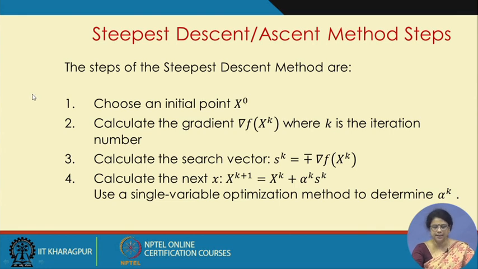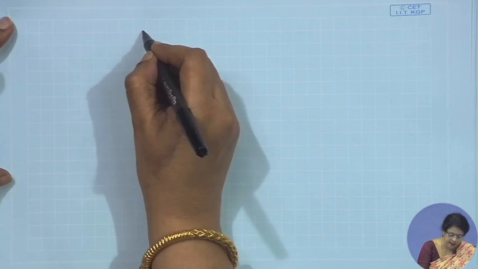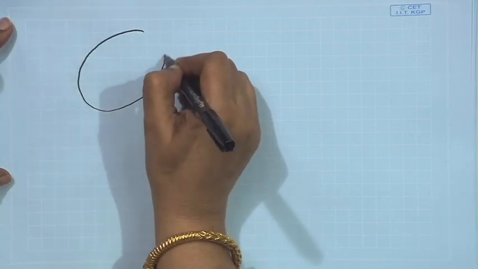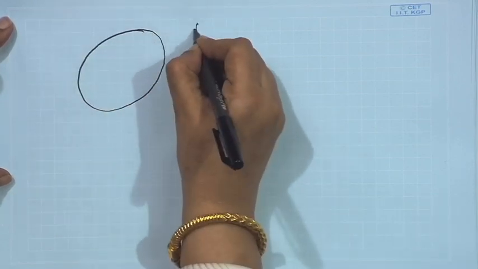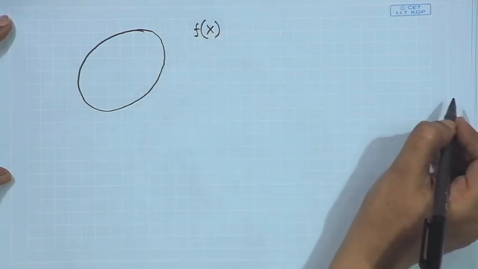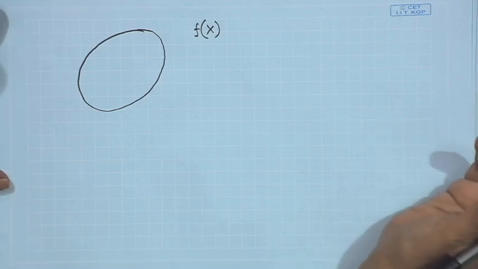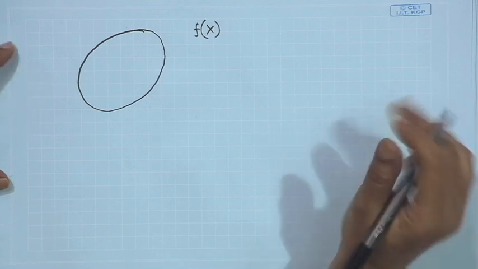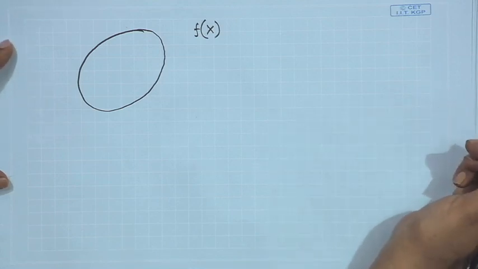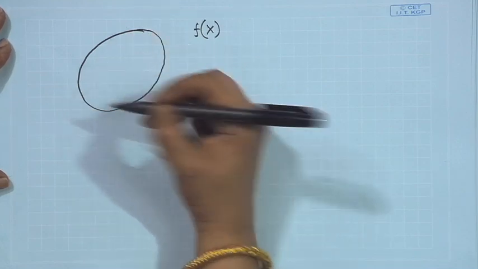Now, let us consider one example for this. We have a function f x. Capital X is the vector; it can be in R2 if we consider, and similarly it can be in R3, that is the surface, etc. If I consider the simplest case, that is in R2, then this is a level set of the function.